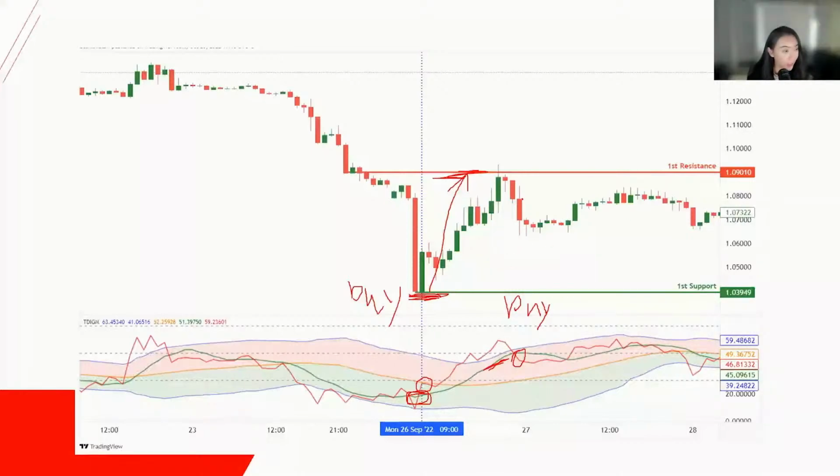The price is somewhere at this level. For me, I feel a little bit insecure because it's in between the first resistance and first support. I need a further signal. It means I cannot rely only on this signal, so I will not enter the trade here. If I really entered the trade to buy, then I would lose the trade.